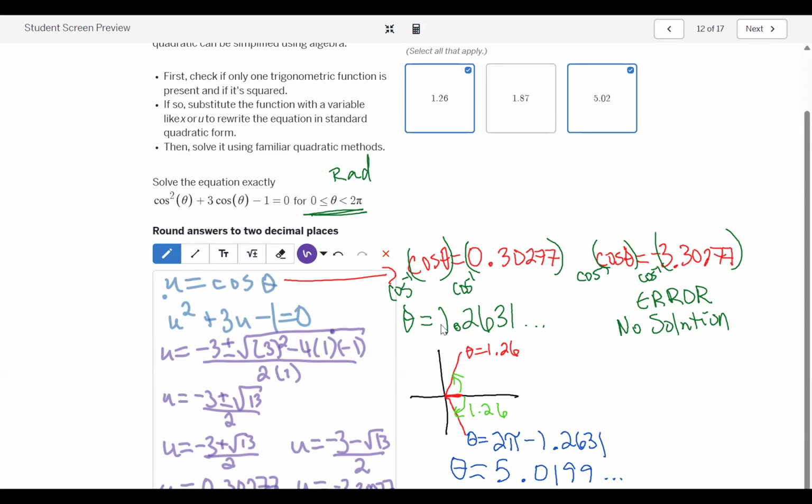Technically, this is 1.26 plus 2 pi k and 5.0199 plus 2 pi k for the general solution, but they did only limit us to the 0 to 2 pi, so that's why we cut it there.